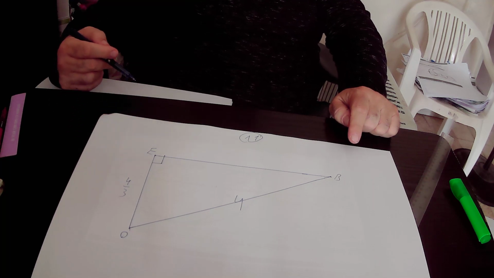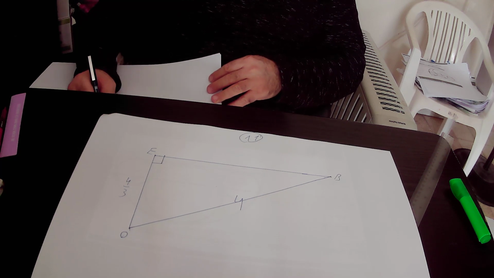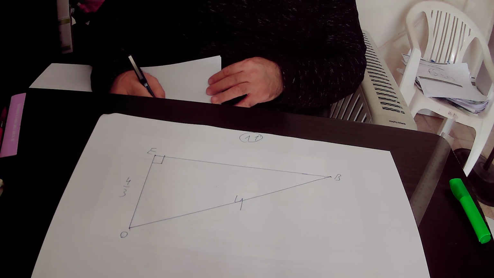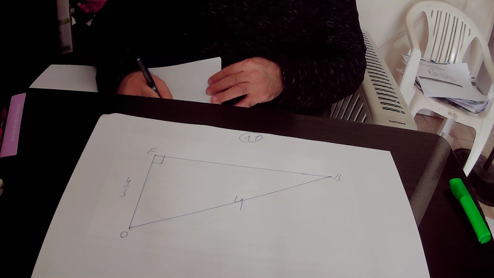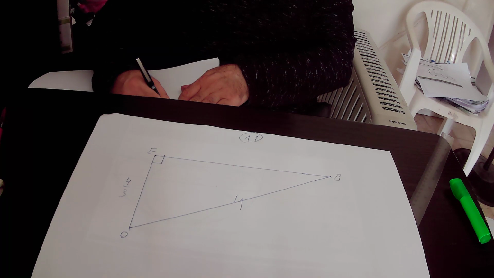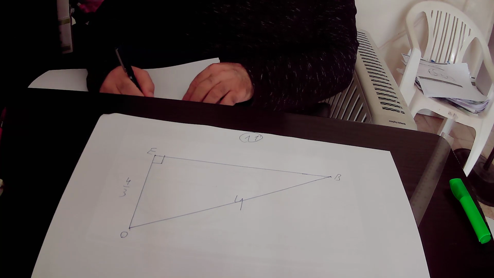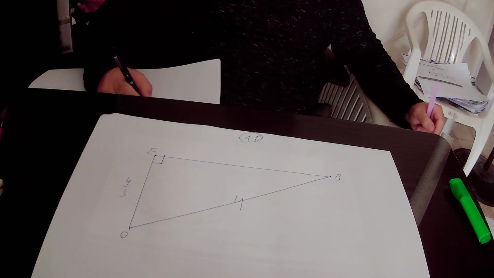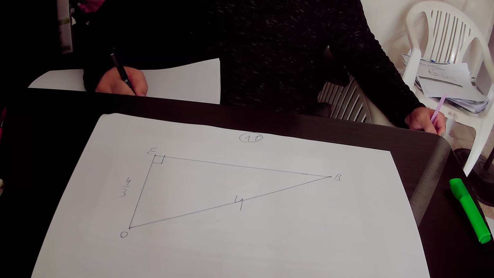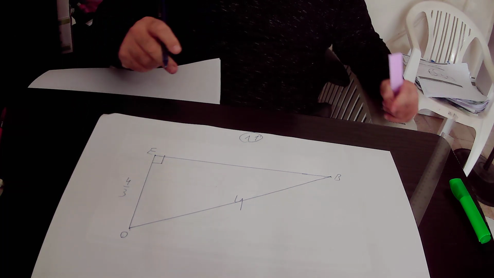According to the Pythagoras theorem, in the right triangle OEB, OB squared, that is the hypotenuse squared, equals OE squared plus BE squared.